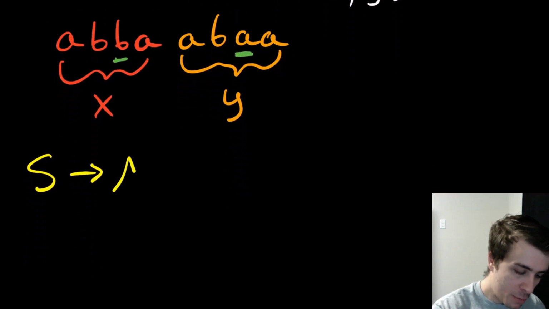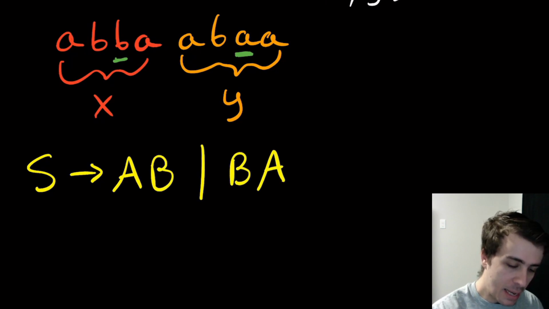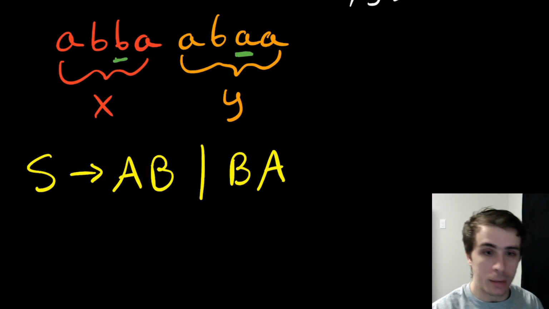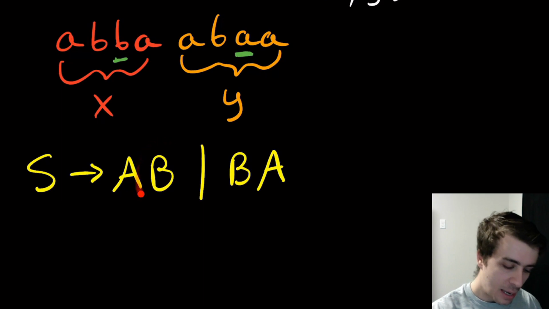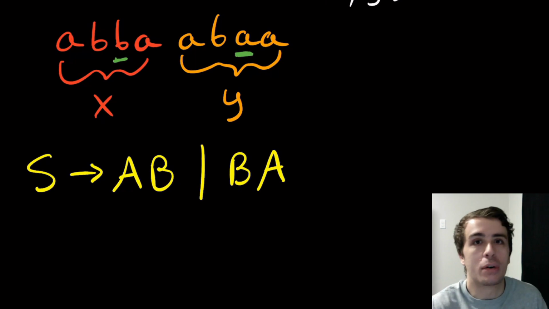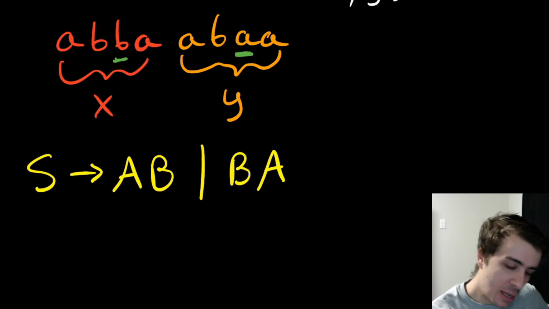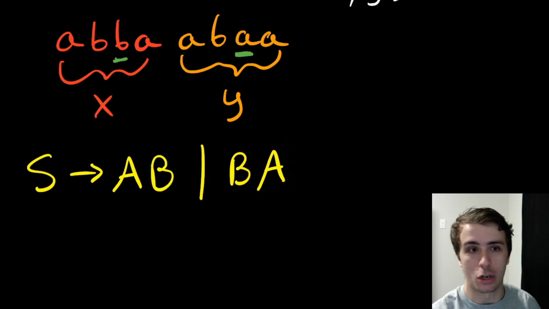So I'm going to have 2 variables here, A and B. I'm going to have the A one eventually produce a single A, and the B one eventually produce a single B, and hopefully they're in the exact same location. And similarly over here, if the B one occurs first, that's where it's going to be, and the A one is going to occur here.